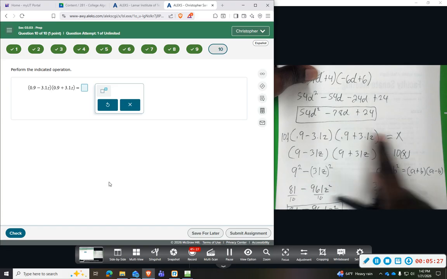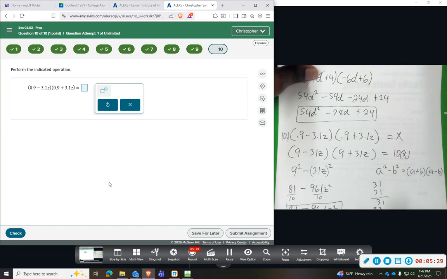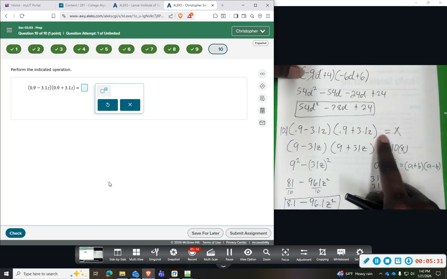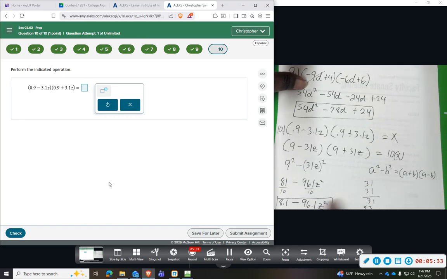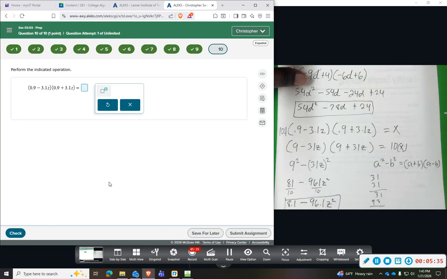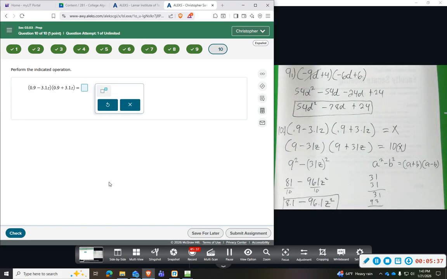If you had equality, you can multiply both sides by 10 and it'll still work out. However, since we didn't have another side, we've got to put it back in the original format. So 8.1 minus 96.1z to the second power.